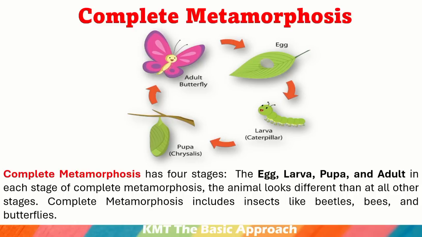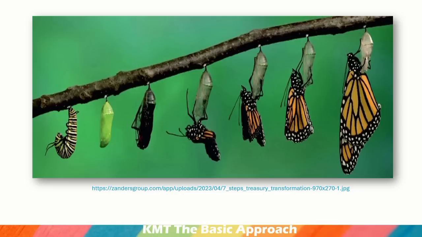In each stage of complete metamorphosis, the animal looks different than at all other stages. Complete metamorphosis includes insects like beetles, bees, and butterflies. This is how a butterfly slowly changes.